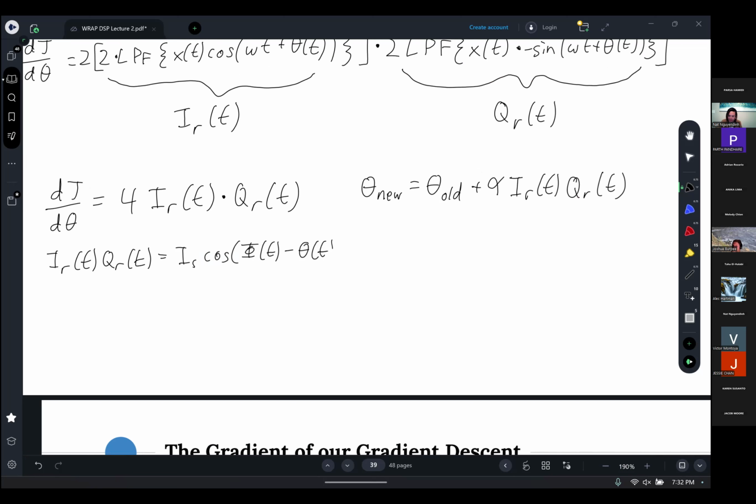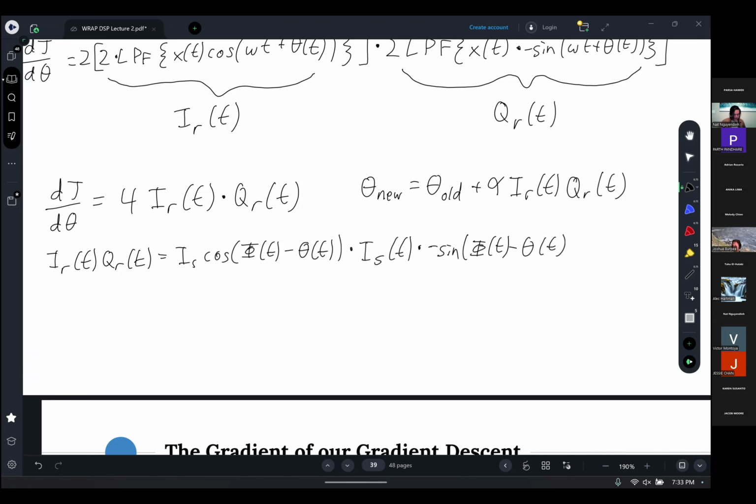This is something that we had in a previous slide. And then I'm going to multiply this by, since we have no Q component here, just the amount of the I component that leaks into our Q component, big phi times theta of t.